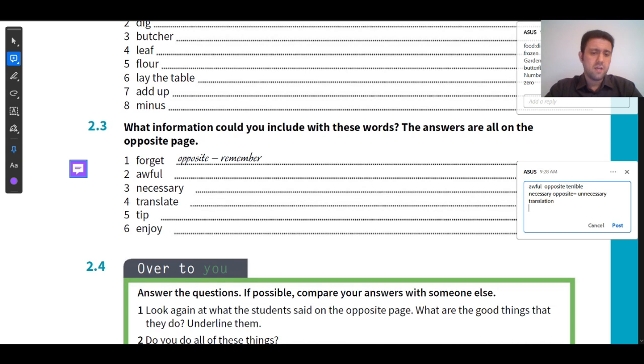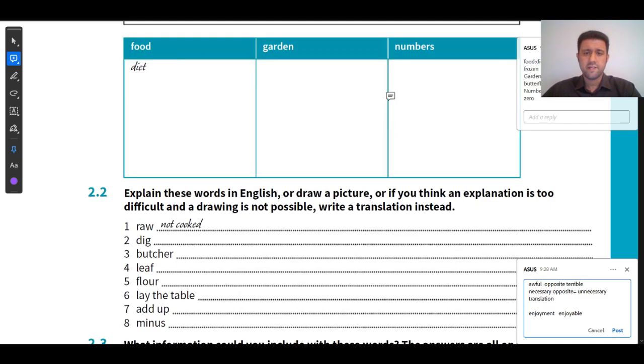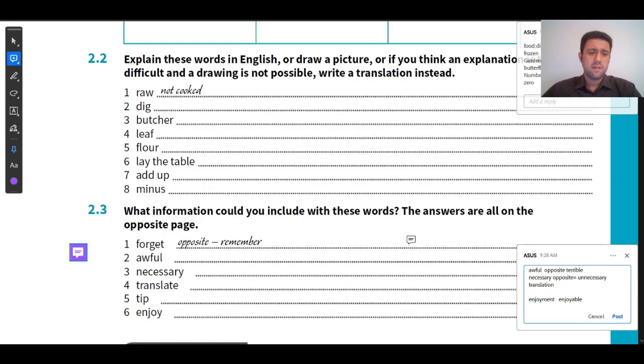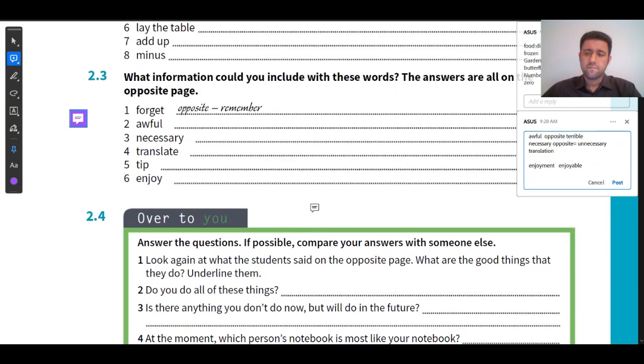And enjoy is a verb and the noun is enjoyment, and the adjective is enjoyable. Look at here, enjoyment and enjoyable.